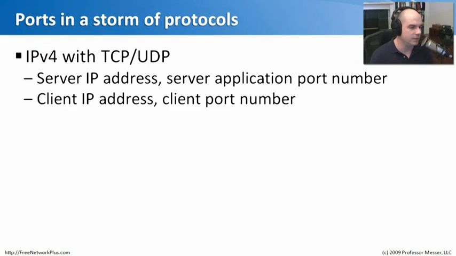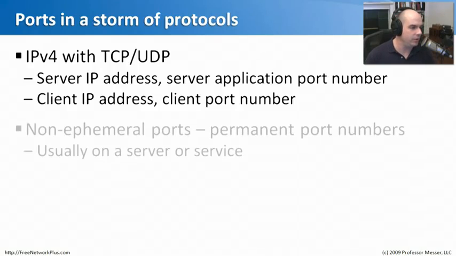You have to choose one of those. Now, the packet has to have a server IP address, and it has to have an application port number for the server. We also need, of course, our client machine needs an IP address, and it needs to send information out via a port number. So those are the four pieces that we need to be able to have a successful communication via IP version 4 and via TCP or UDP.